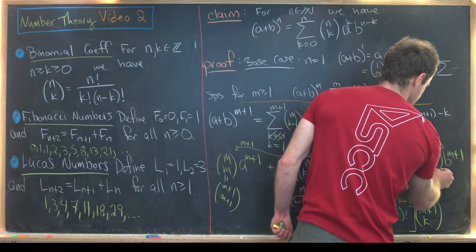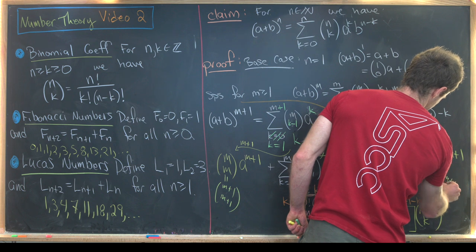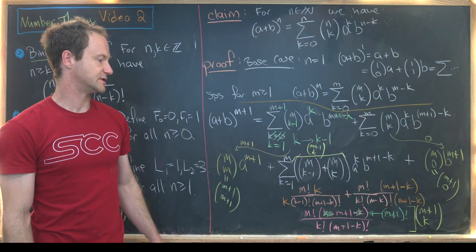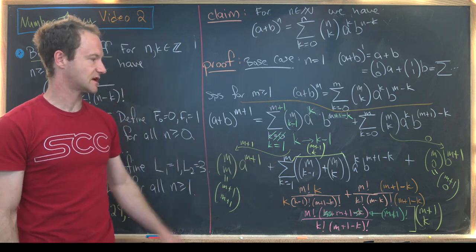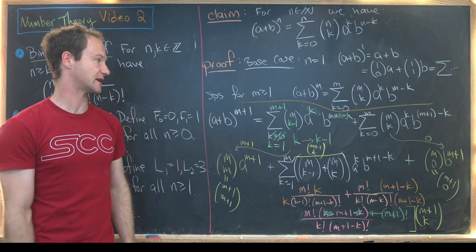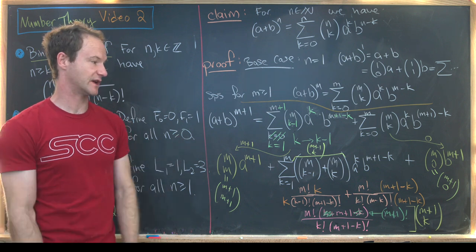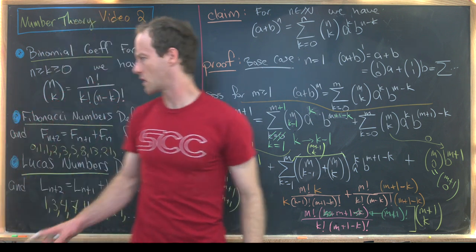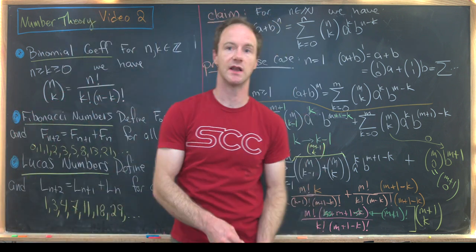And then finally, m choose 0 is the same thing as m plus 1 choose 0, again because they're both equal to 1. So that means we can bring those back into this middle sum, and then it has the same form as this up here, just with n replaced with m plus 1, which is how we wanted to finish this by induction.